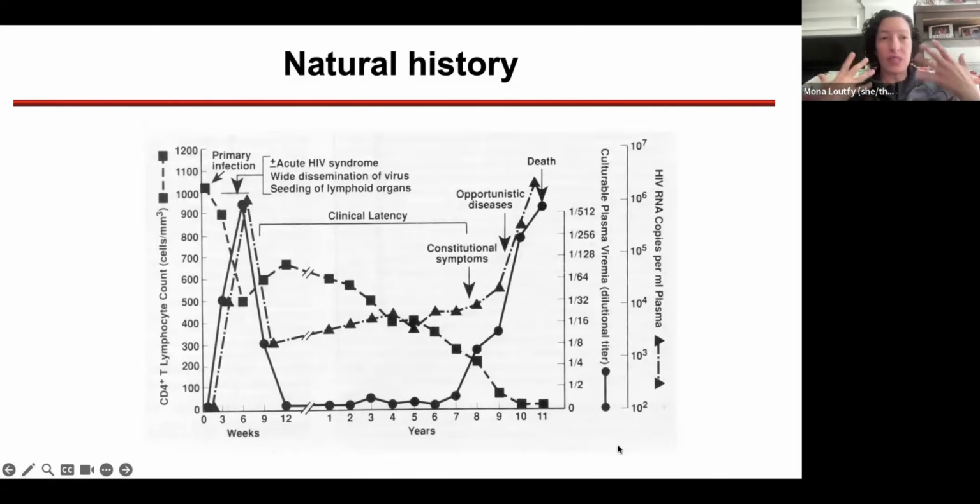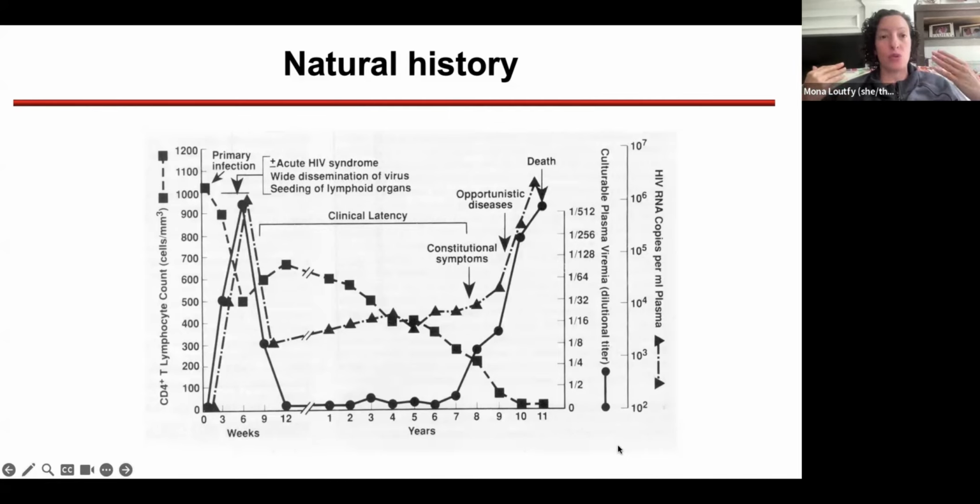What's strange is people don't think it's HIV. You just think it's a flu, it's a cold. But that is called acute HIV, also known as acute seroconversion illness.